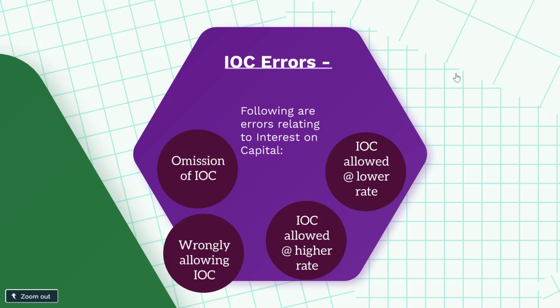IOC could be omitted wrongly, or you were not supposed to allow the IOC but you wrongly allowed it, or interest on capital was allowed at a higher rate than what it should have been, or interest on capital was allowed at a lower rate than what it should have been.